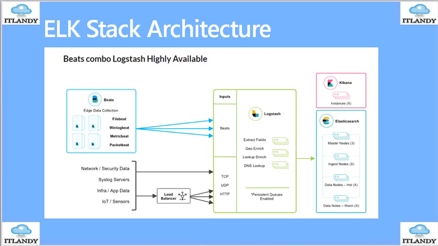Another deployment is the beats combo for HA, and how that will look. Similar to the previous one, we can have the beats with the edge data collection, and we can have the input around it for Logstash. You can see the ports required and the load balancing scenario, how we can capture syslog, IoT, and network sensitive data, and how we can expose NAT using a proxy.